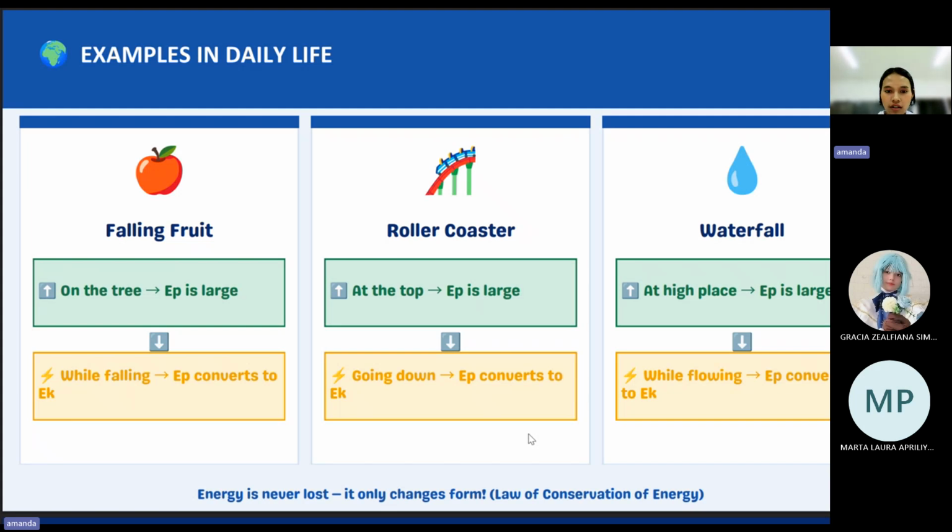When it goes down, that height turns into pure speed, converting energy potential into energy kinetic. And the third, a waterfall at the height has energy potential, which transforms into energy kinetic as it flows rapidly downward. This perfectly proves the law of conservation of energy. Energy is never lost, it only changes from one form to another.